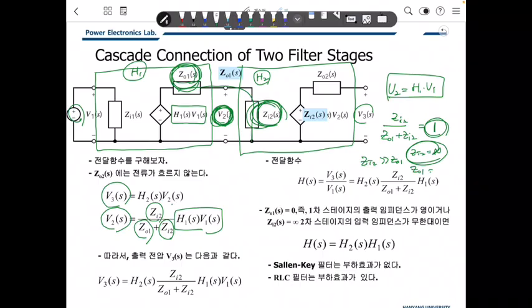Or GO1 is 0, then it is always 1. So to remove the loading effect, you have to design the system's output impedance to be 0, or make the input impedance infinite. If you design the system in this manner, then you can connect all filters as you want. So this is a requirement for the series connection of filters, the cascade connection of filters.